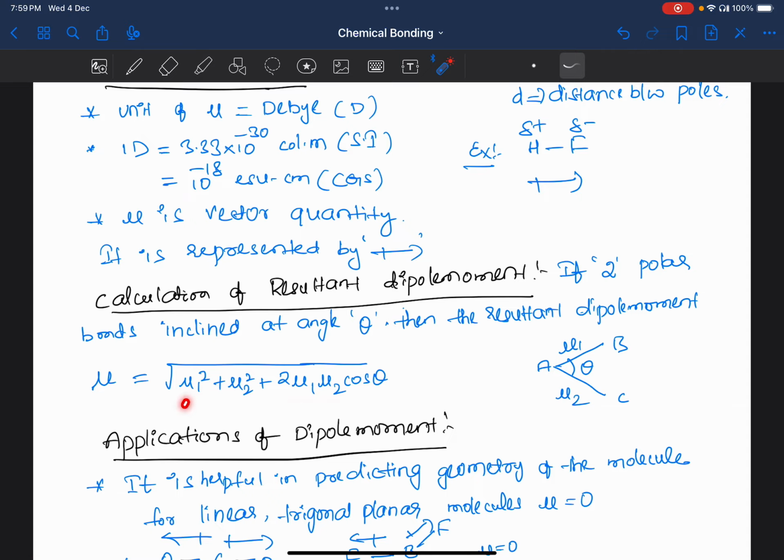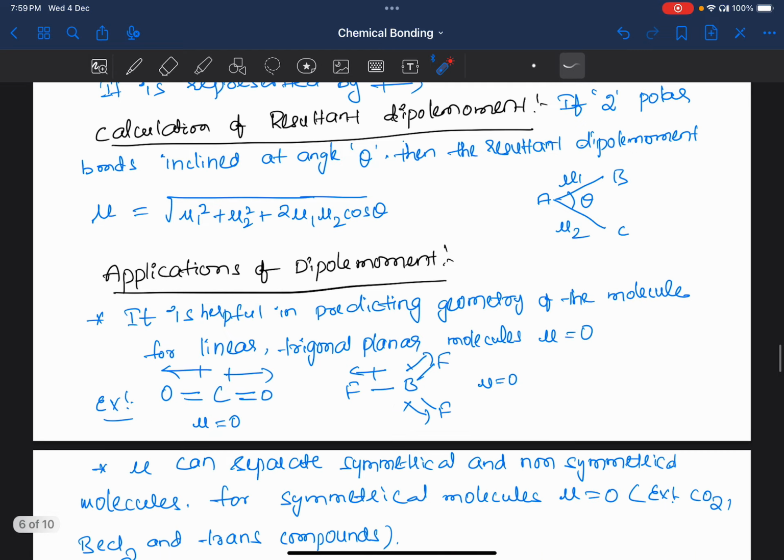When two polar bonds are inclined at an angle, the resultant dipole moment is calculated with this formula. For the AB bond, the dipole moment is given as mu1; for the AC bond, it is mu2, and the theta value is also given. So with this we will find it out.